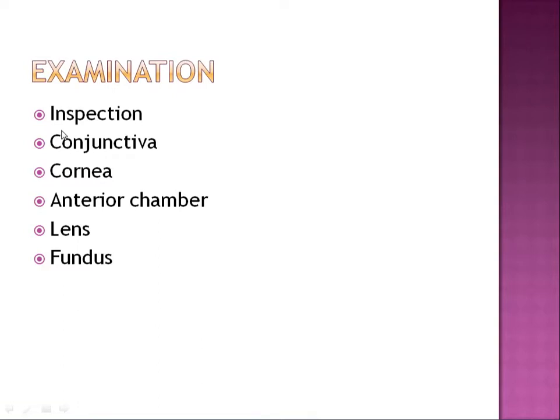Look at the face, look at the lesions over the skin, or look at whether the patient is having any herpetic vesicles or herpes zoster. You can see multiple lesions involving one particular dermatome of the face. Then examine the conjunctiva, the cornea, anterior chamber, the lens and fundus. All of this will help you in clinching the diagnosis.